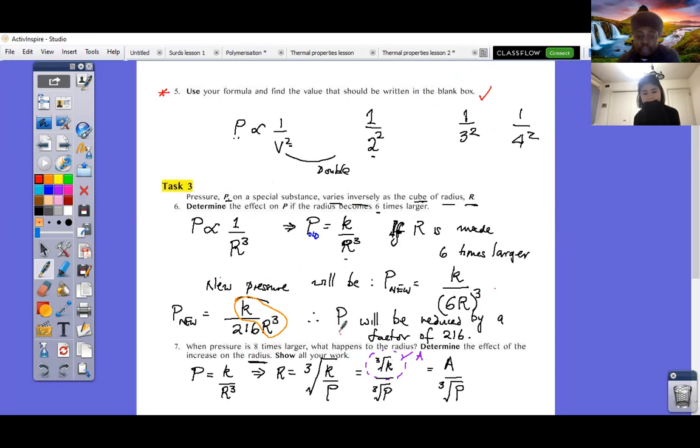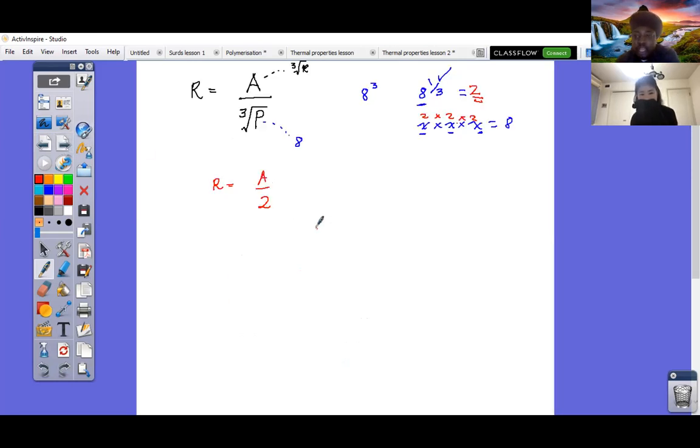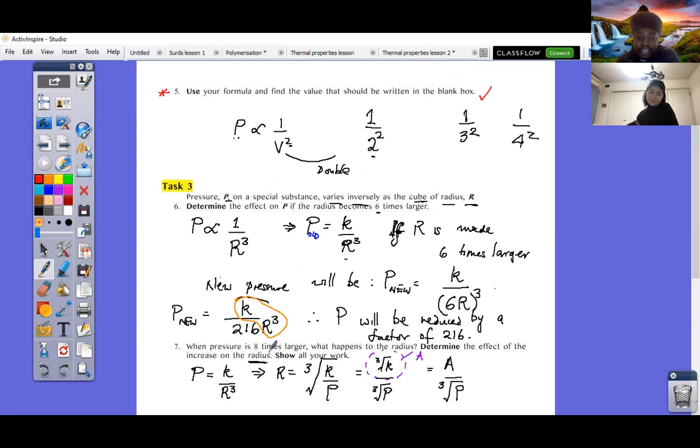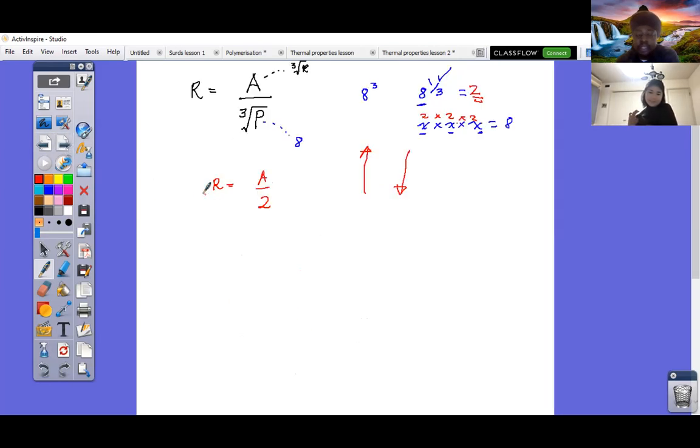What do you think has happened to the radius? And by what factor has the radius changed? So inversely means when something goes big, the other thing goes small. Good. So now I'm just saying the pressure has gone up 8 times. What do you think has happened to the radius?